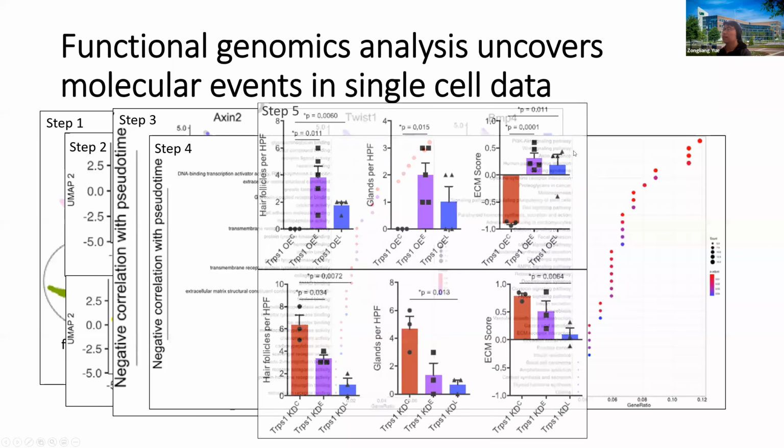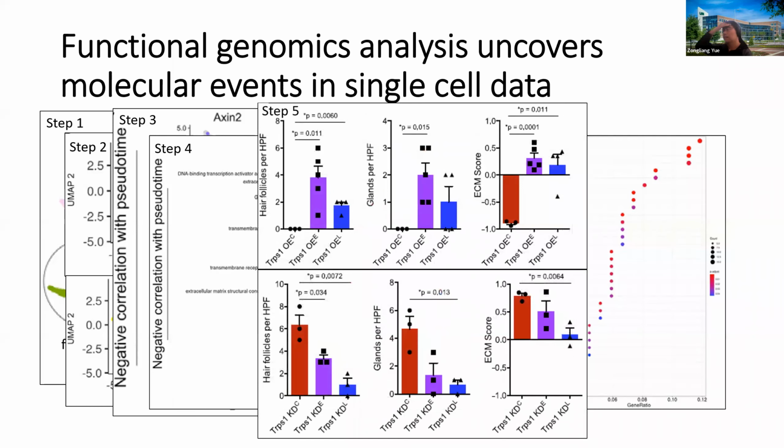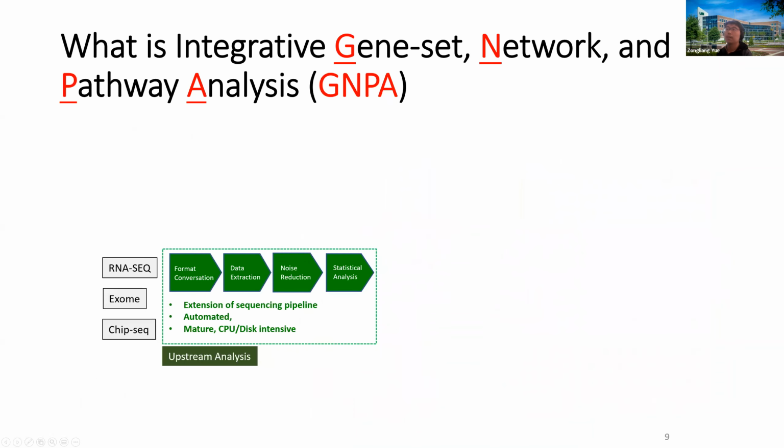Therefore, they find these driver genes, TRPS1, and validate using experiments like gene overexpression or knockdown, and see the trend against the control. This is a very typical functional genomics workflow involved in multi-omics analysis.